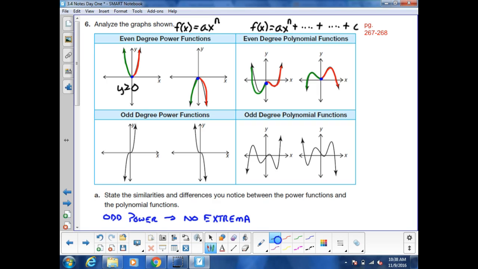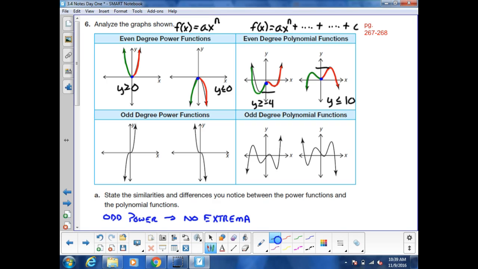Here it would be y is less than or equal to 0-ish. Here, I would say something along the lines of y is greater than or equal to -4, or wherever the scale is, you know what I mean? Here it would be whatever this maximum point is, y is less than or equal to it. Let's say 10 for that one. It's restricted by what the actual graph is of yours.